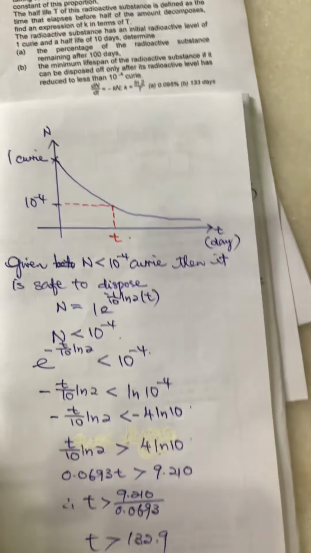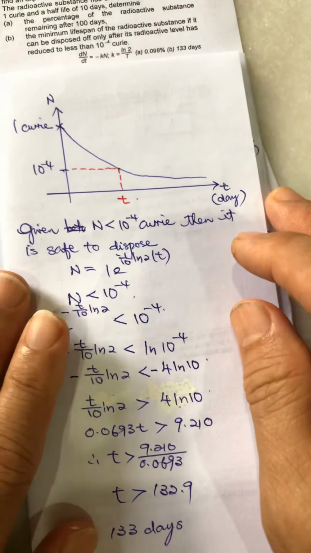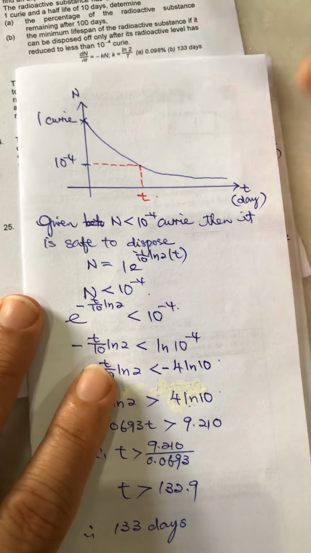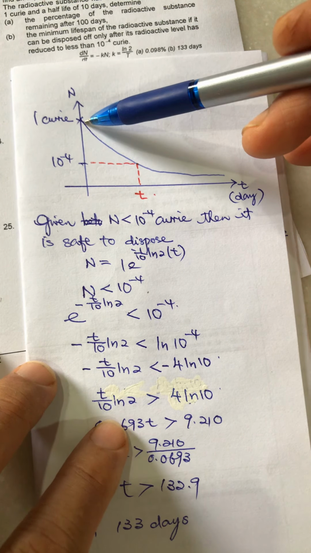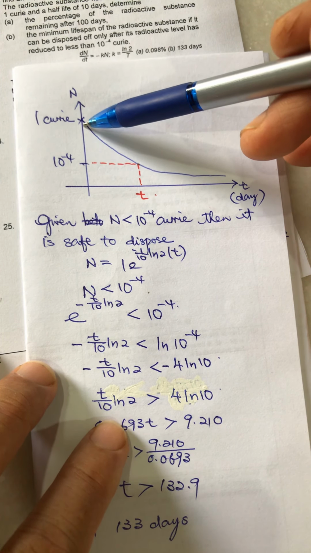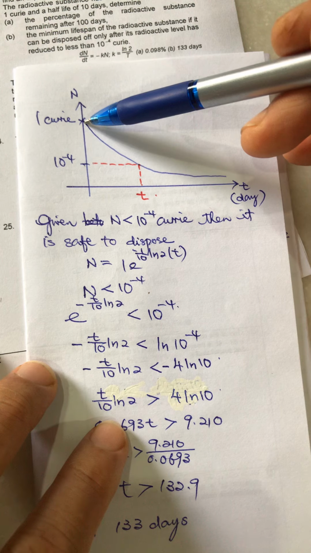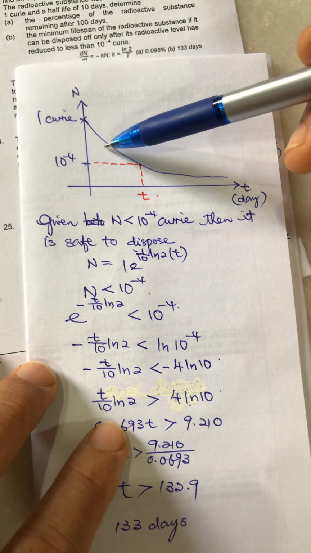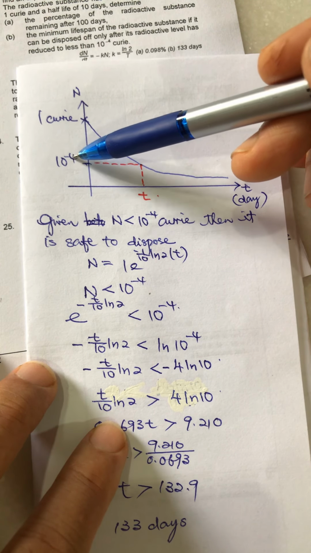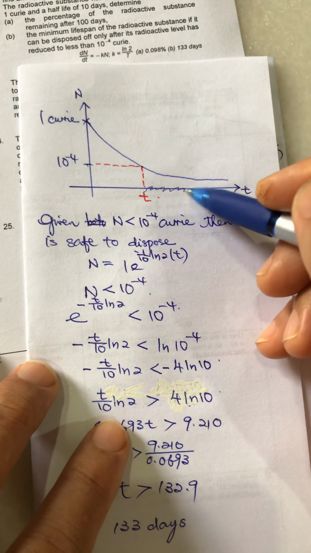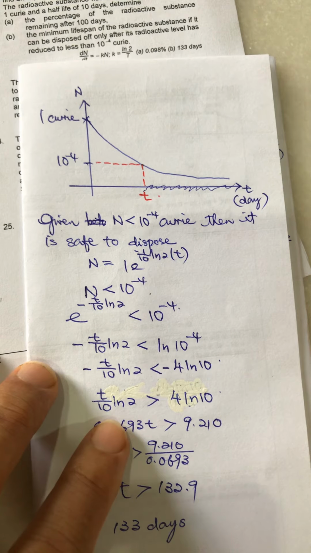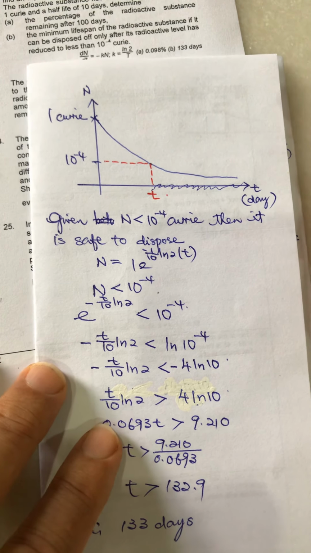If not, it will affect our human body. At first it is 1 curie, which is too high, so we cannot dispose of it because it is harmful to our body. So we have to wait until less than 10 to the power negative 4, then we can throw away. After this time, the radioactive level is safe.